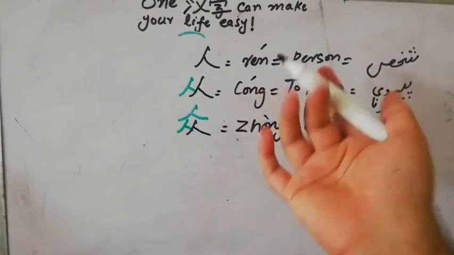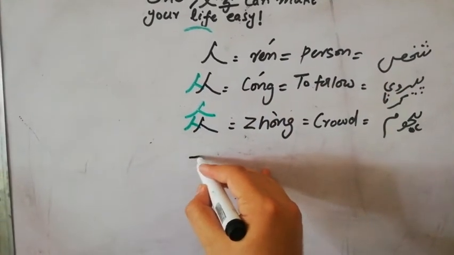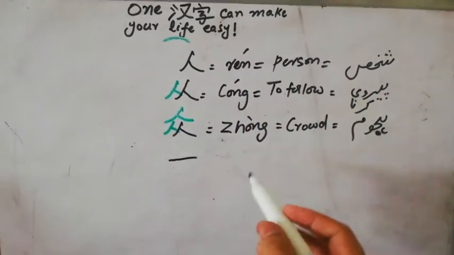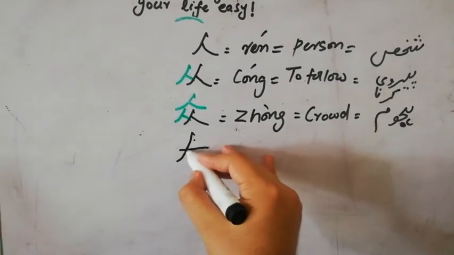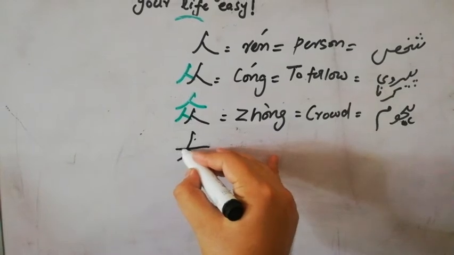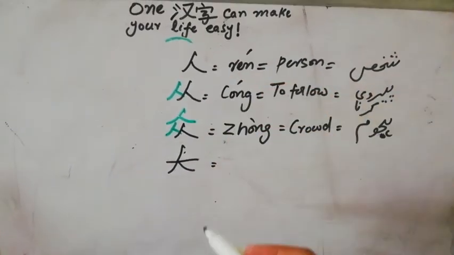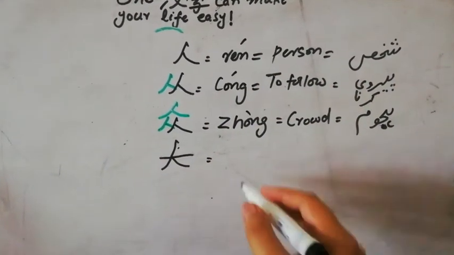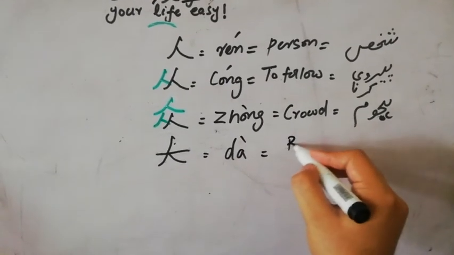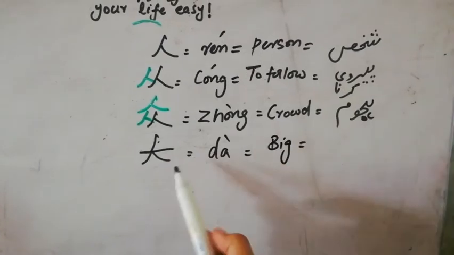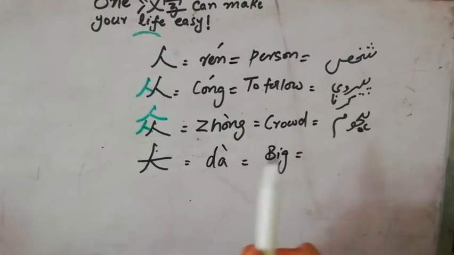Now let's add something more. Draw a straight line, which is a shu stroke, and draw the character for writing person. Now it becomes da. Da means big, bada. It looks like a person is stretching out his arms.